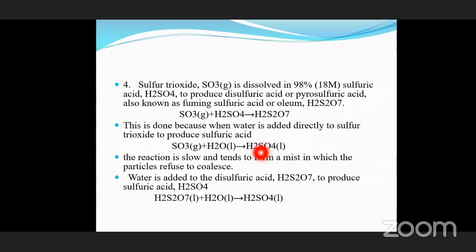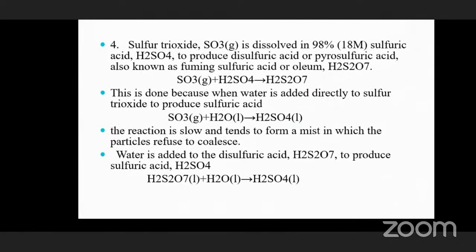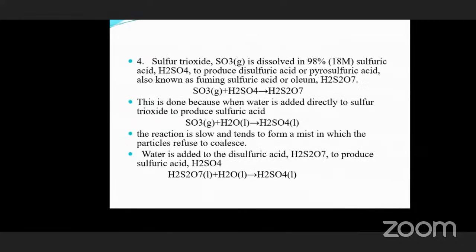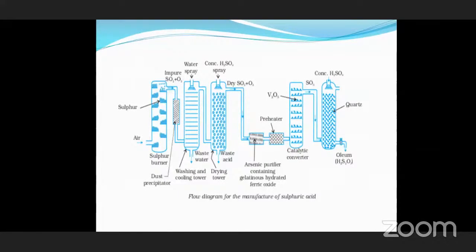That means after formation of the oleum, it participates in the reaction with water molecule to provide the purified sulfuric acid. So this is about the preparation of sulfuric acid.